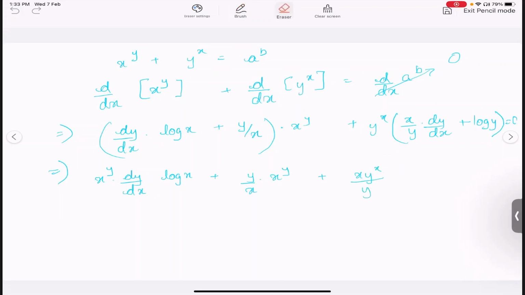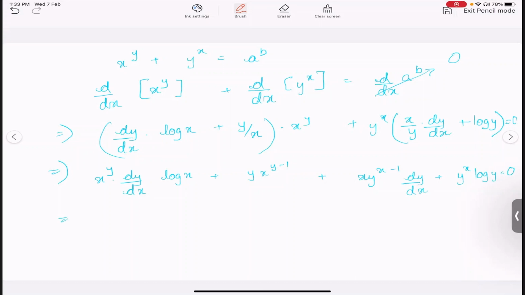This can be written as x y to the power x minus 1, and here it can be written as y x to the power y minus 1, and this will be dy by dx plus x to the power y times log y will be equal to 0.